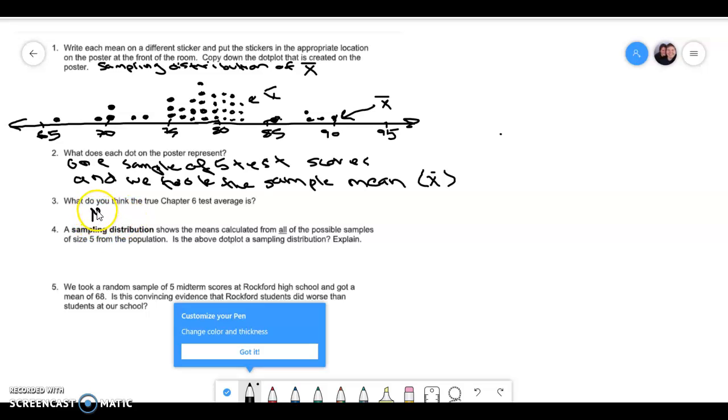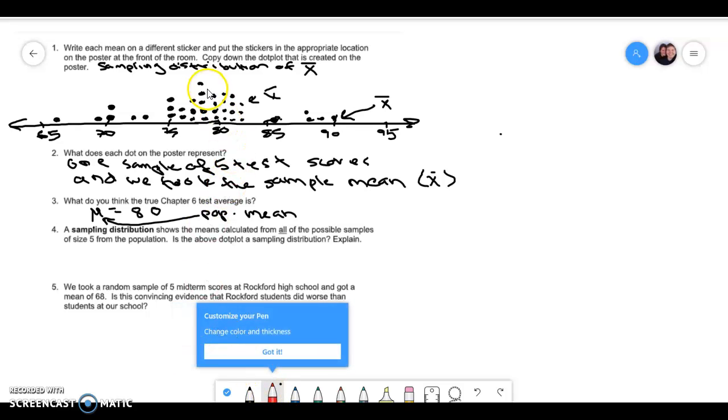So our population mean was 80. And we're going to label this guy our population mean. Now we can see that about the middle of my sampling distribution, we see the population mean of 80.